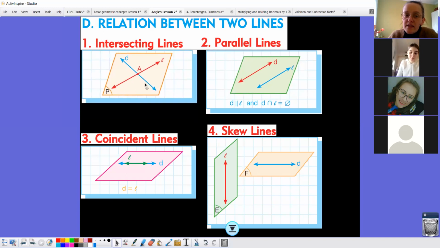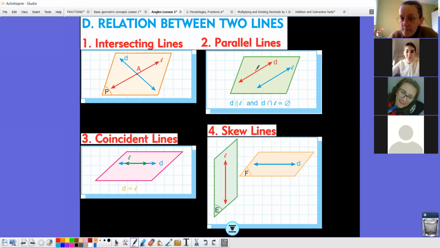So here we have again intersecting lines. For example, here D and L are intersecting lines. They have a common point. As you can see, they have only one common point. Two lines that intersect each other in only one common point. So it will be like this, the intersecting lines.